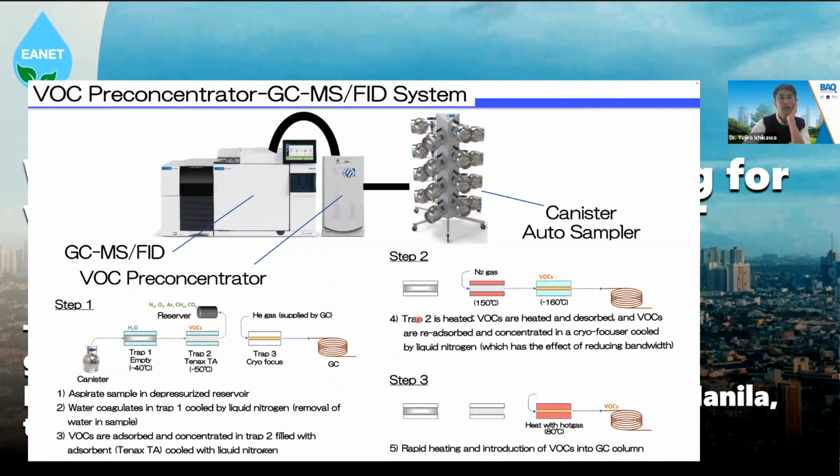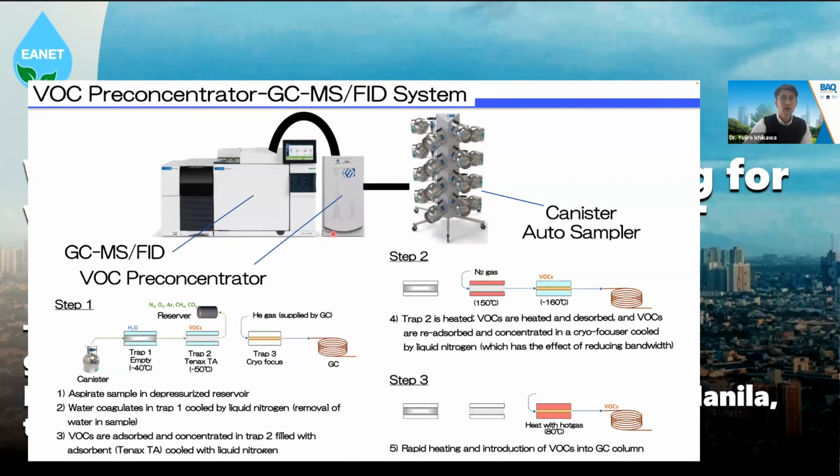And okay, this slide shows how canister samples are analyzed to determine VOC components. And this is an example procedure conducted in my lab. First, we mount the canister on the auto sampler, and then the VOC samples will be sent to the connected VOC preconcentrator.